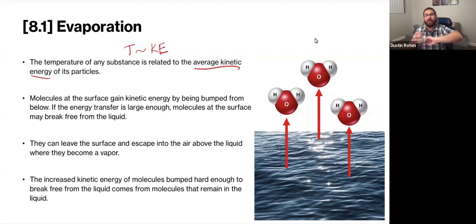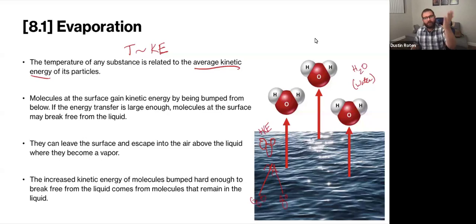So before any molecules leave, maybe the surface of this water, if we have some H2O, this is H2O, by the way, so this is water. If these molecules get hit from below, so maybe we have some more molecules coming up, there's going to be a kinetic energy transfer, right? So we're going to add some kinetic energy to this upper molecule.